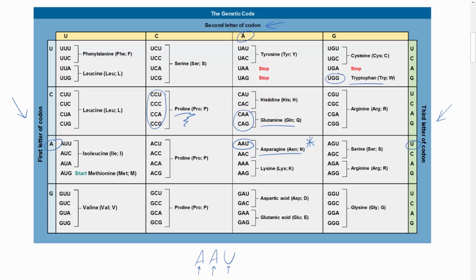The table also includes the start codon, which is AUG, and the 3 different stop codons, UAA, UAG, and UGA. And these start and stop codons determine where coding starts and stops in both transcription and translation.